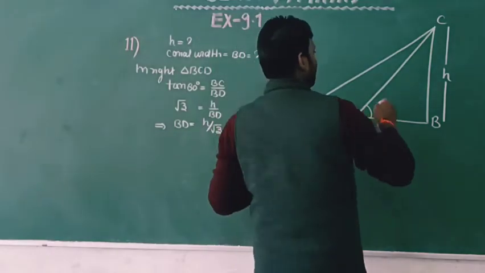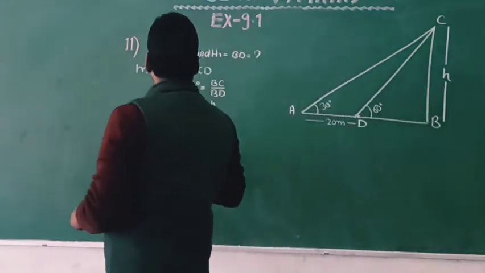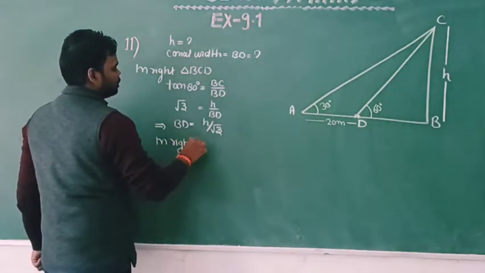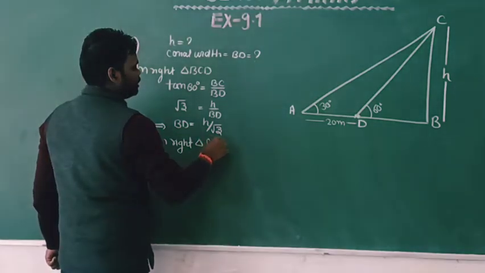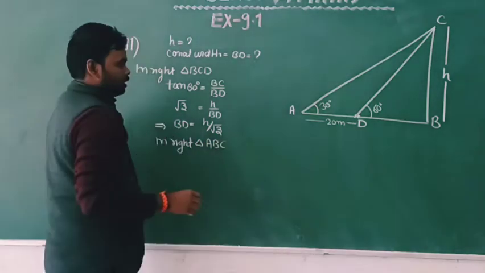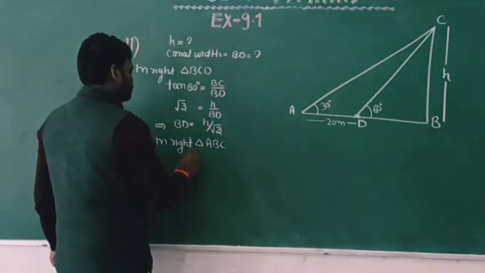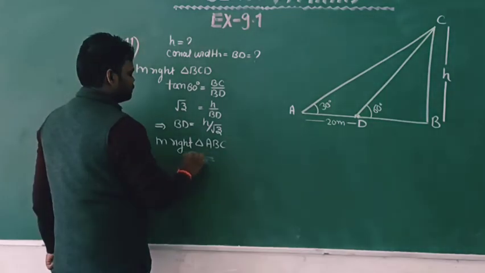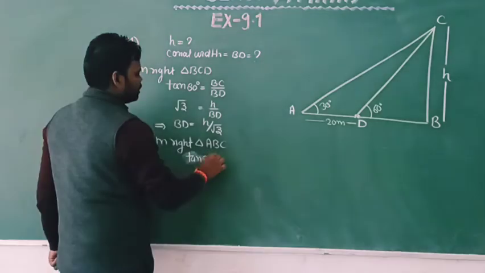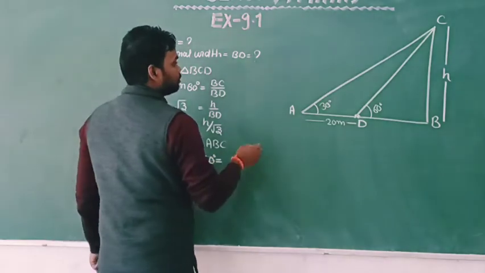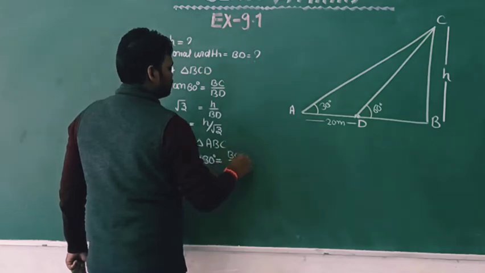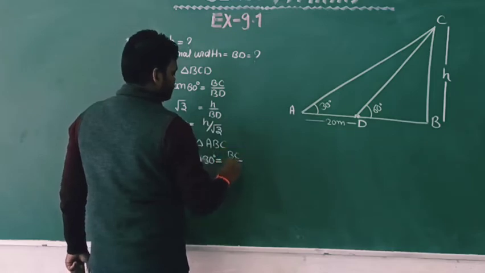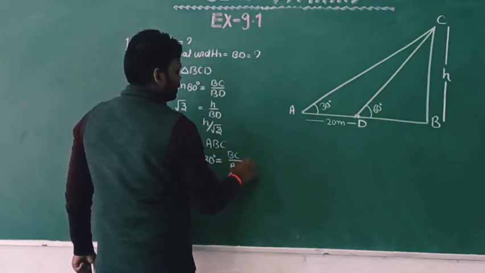Again move to the right angle triangle ABC. In right triangle ABC we use the tan 30 trigonometric ratio. Tan 30 equals perpendicular upon base, that is BC upon AB.